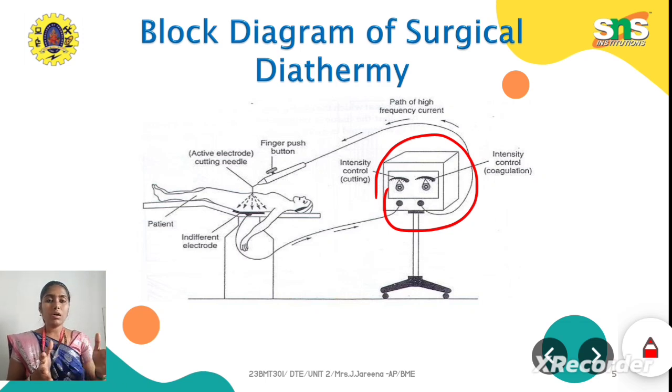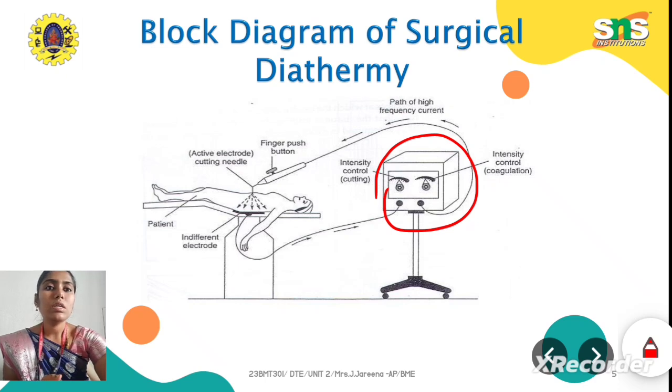So for each process we have a different intensity control. For this you have intensity control in the ESU, that is one important parameter to be monitored and controlled. And a two-lead system projects out from this ESU unit. One is connected to the active electrode, another is connected to the reference electrode. So this particular schematic diagram is representing the monopolar method.